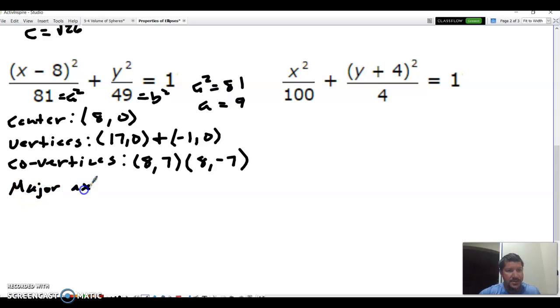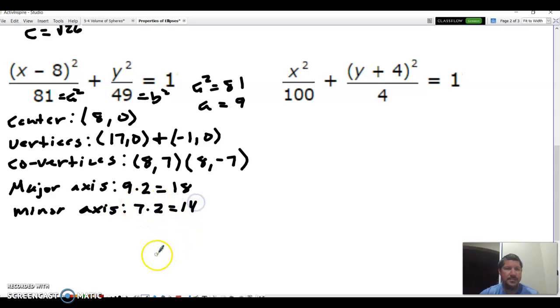My major axis, so a is 9, so 9 times 2 gives me 18. Minor axis is 7 times 2 or 14.